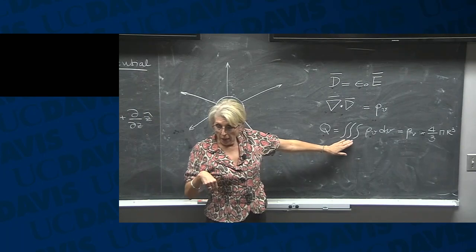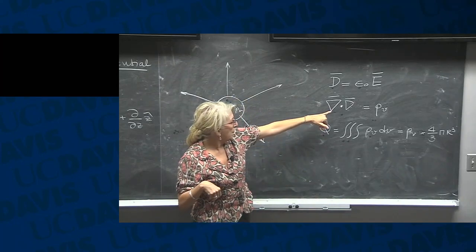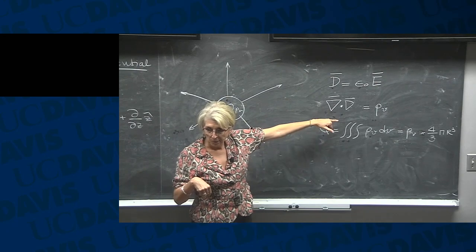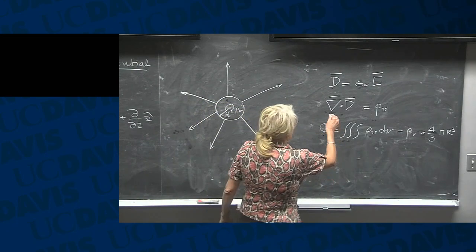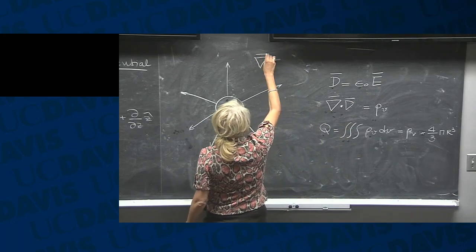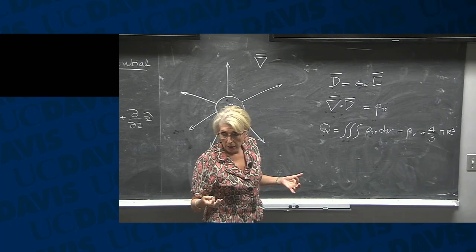But before I go and do this integration, I wanted to ask you, do you remember what this divergence is, the vector del dot? You remember this vector, which we call the gradient when it applies on a scalar.